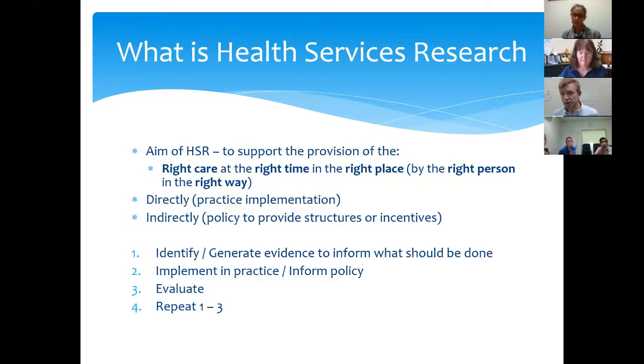And then in terms of actually applying the research, I think of it as a pretty simple approach in theory.